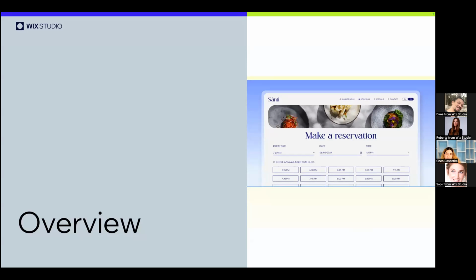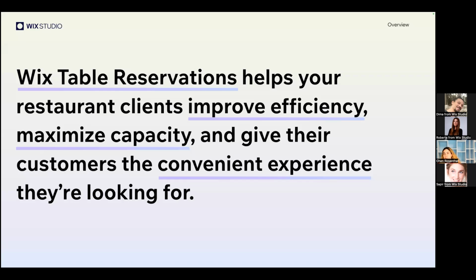So let's just dive in and start with an overview of what the app is actually about. What we had in mind when we built the table reservation app was to optimize all the restaurant processes, to maximize the capacity, to bring an amazing guest experience, and to reduce cost and increase revenues. How do we plan to do it? There are two things we had in mind.